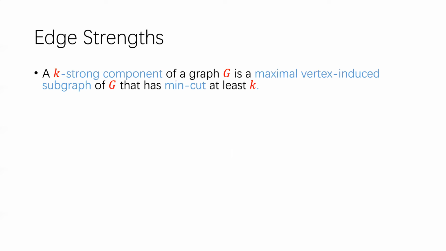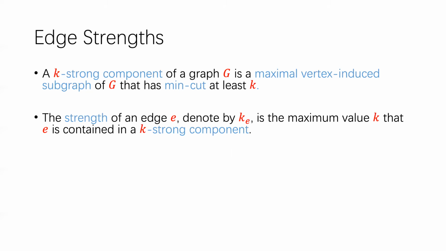We first review the definition of edge strength, which is a very important concept in graph sparsification. A k-strong component of a graph G is a maximal vertex-induced subgraph of G that has minimum cut at least k. And the strength of an edge e, denoted by k_e, is the maximum value k such that e is contained in a k-strong component.